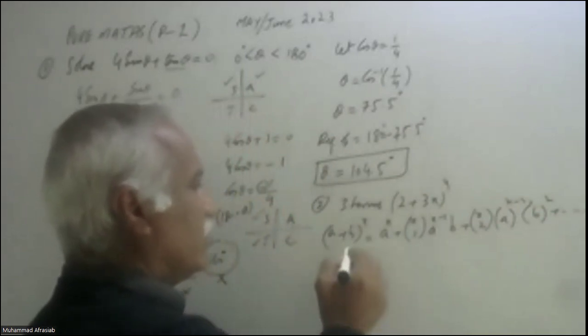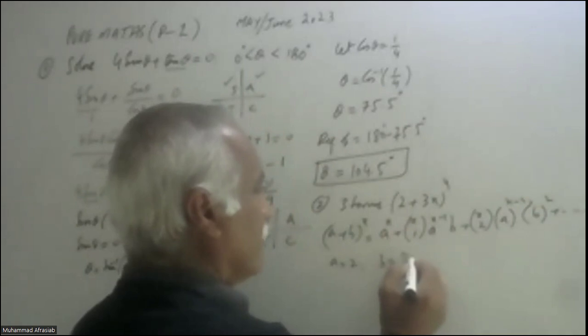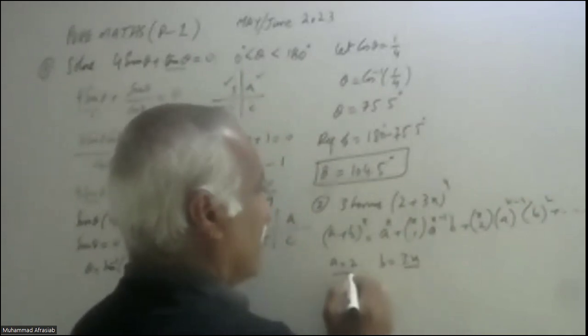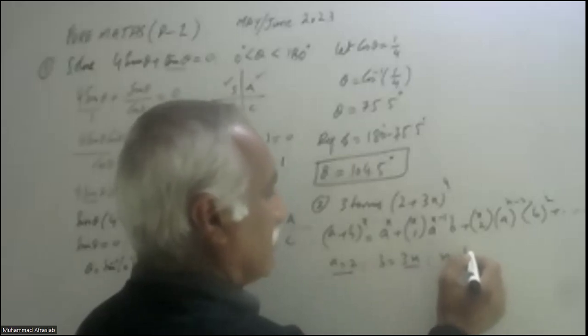Here we are going to take a value equal to 2 and b value equal to 3x, and n value is equal to 4.